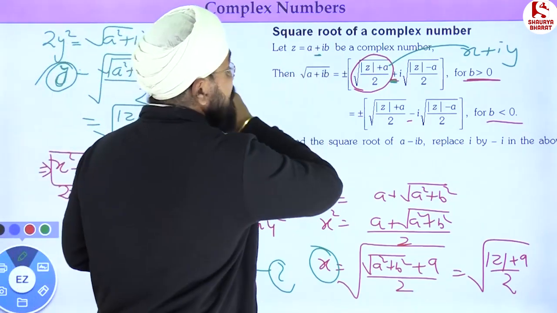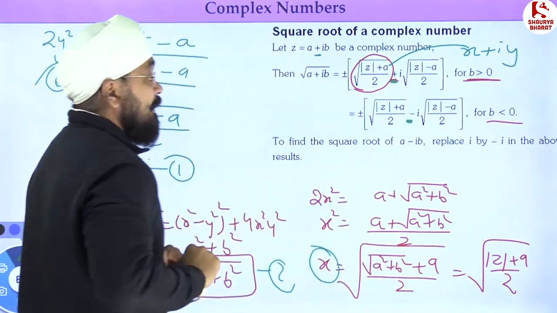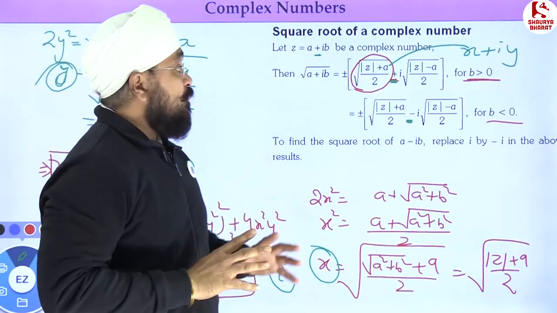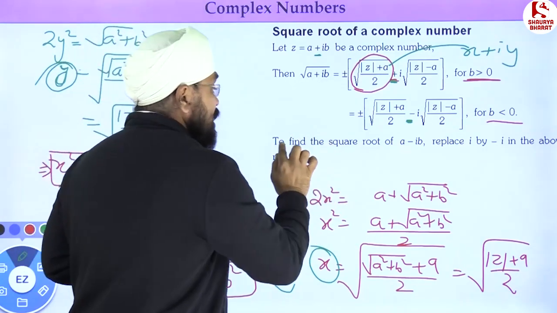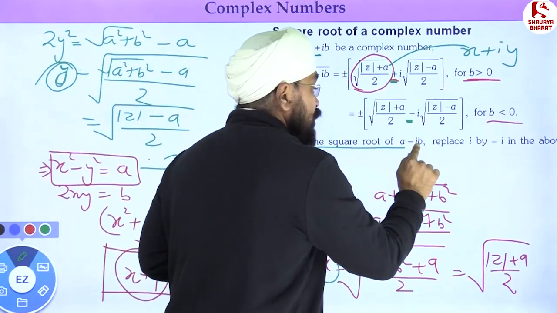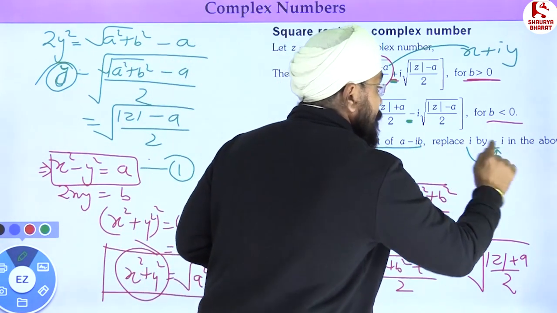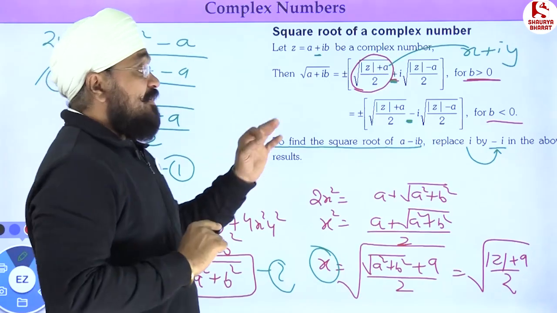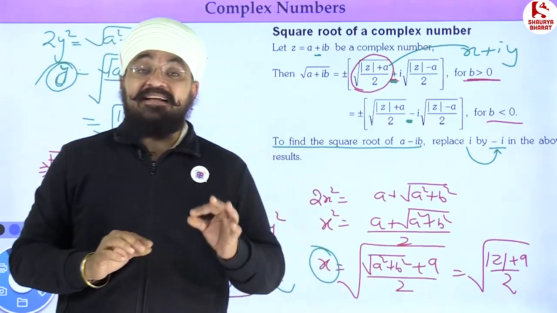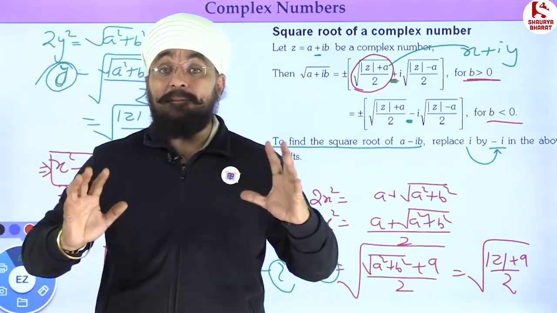Whenever b is negative, I am going to get the negative sign of this one. Or we can remember it this way: to find the square root of a minus iota b, replace iota by minus iota in the given result. You will be finding the square root of any complex number.